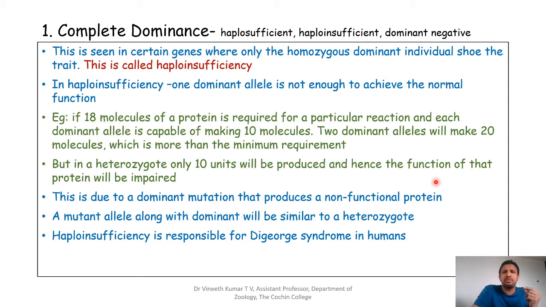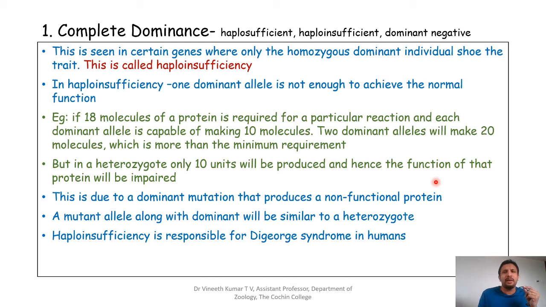When coming to the heterozygote, it does not show that particular character, it shows another character. And in such cases, you can say that that particular allele is haploinsufficient. That means it has the capacity to express only in the homozygous dominant condition. So in haploinsufficiency, one dominant allele is not enough to achieve the normal function.